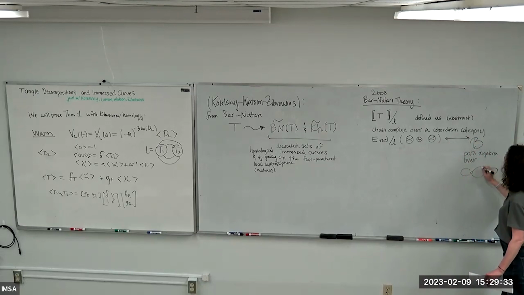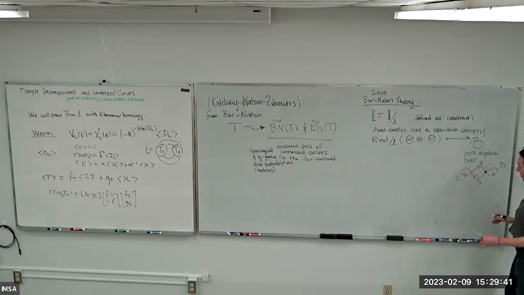So these are going to be labeled with D, with S. There's some arrows here. Okay, and these are a white dot and a black dot.